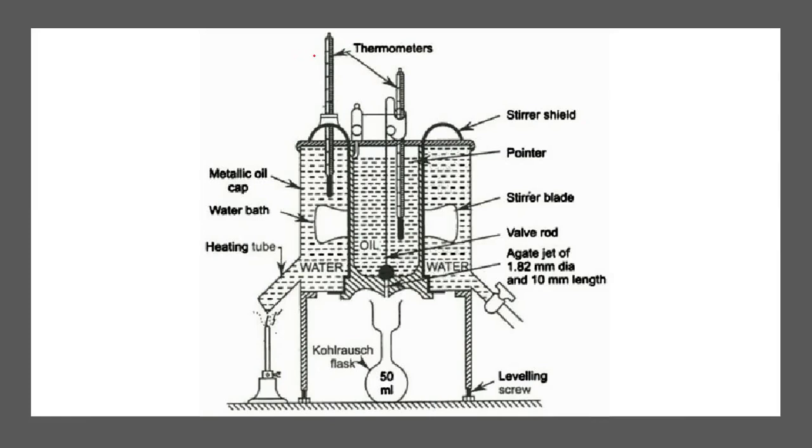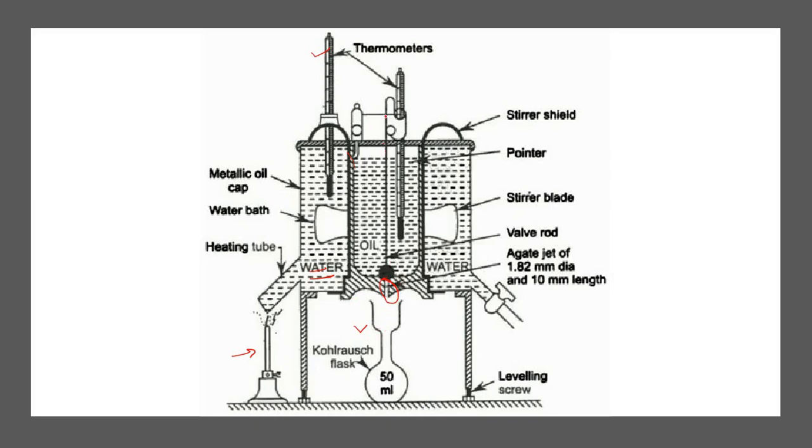If you see here, this is the thermometer. There is a Kohler flask at the bottom which has a 50 ml capacity. Then for heating the oil we have a burner. It is a heating tube where the water bath is taken, and in that water bath we have kept a cup which has an orifice, an open hole, through which oil is going to dispense.